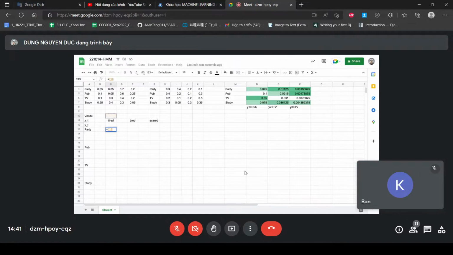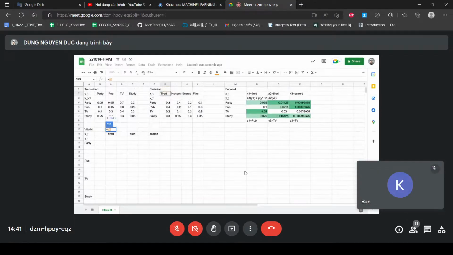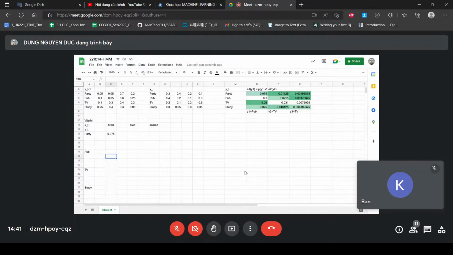The very first joint probability you have here, if yt is party and xt is tired, will be equal to the observation tired multiplied with the prior. The prior is 0.25. So you get that number. The first column is the same as the forward algorithm because that's the initial point, right?